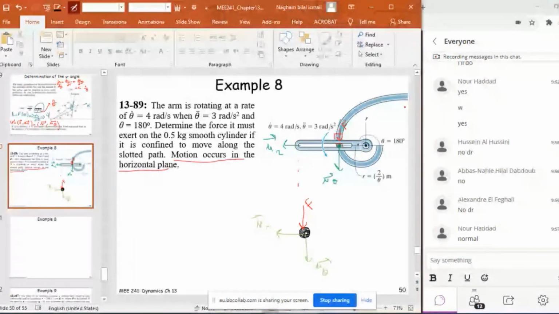I have a slotted path here, so the normal force should be perpendicular to this slotted path. It will be perpendicular to the tangent on this path at the point, and this will be the normal force.